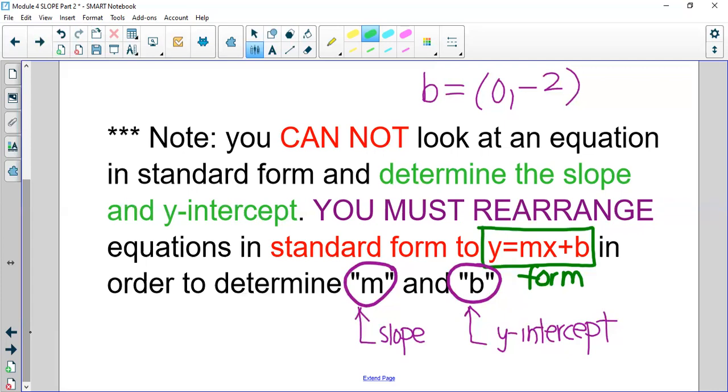Okay, did everyone finish copying that down? When I say rearrange, it was just like I did in the question above. I'm isolating my y in standard form to turn it into slope-intercept form.